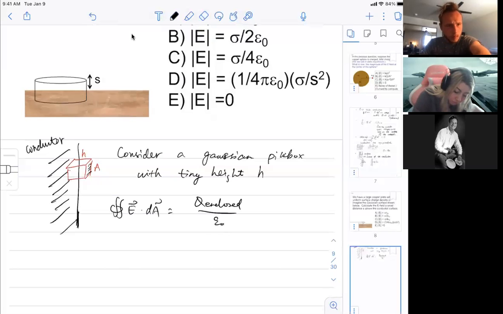Okay, so E dot dA: if we have positive charges on the surface, then the E field is going to be pointing away. So the flux on the top surface is E, right above the surface, outside, times this total area A. Now the side we don't have to consider, because we know there is no parallel component of E, or because we have treated it to have a very tiny height h.